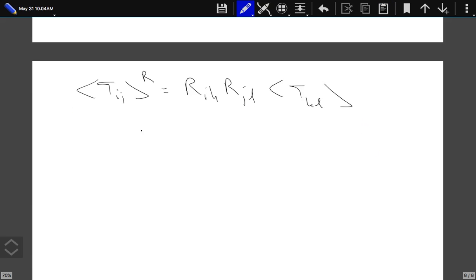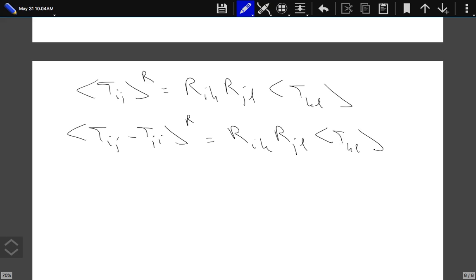Let me look at something else. Let me look at Tij minus Tji. Now, the reason why I look at that combination is that it is anti-symmetric under the exchange of i and j. That's why I'm considering that one. Well, this will be equal to Rik Rjl Tkl.